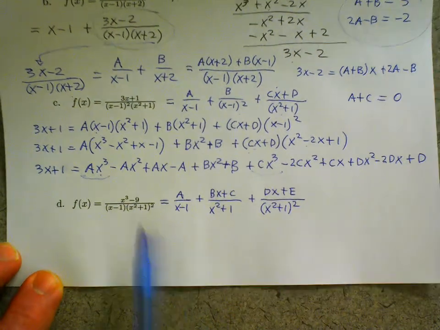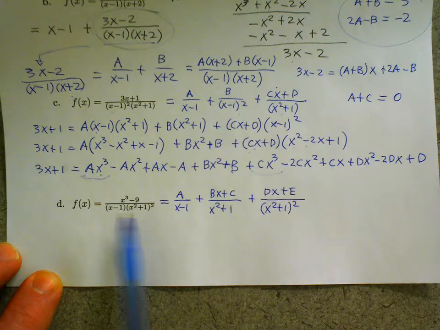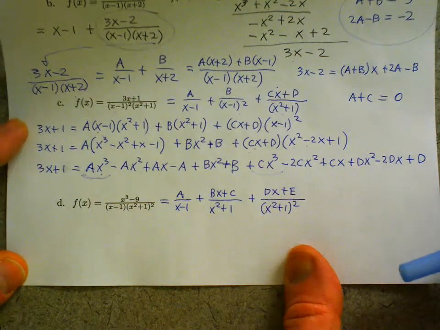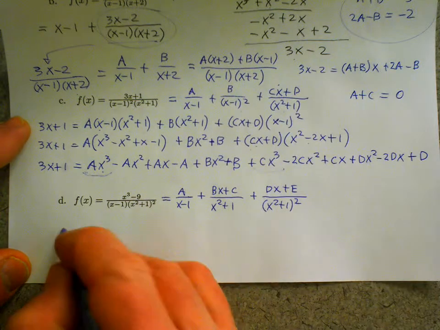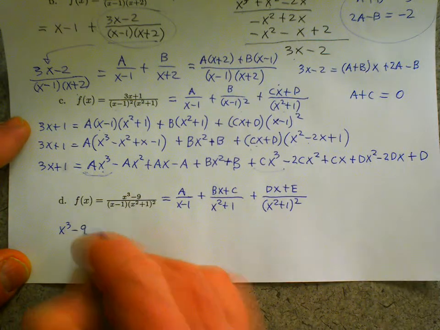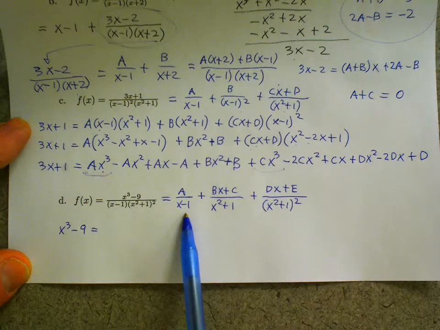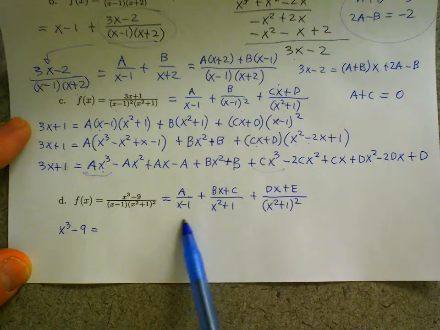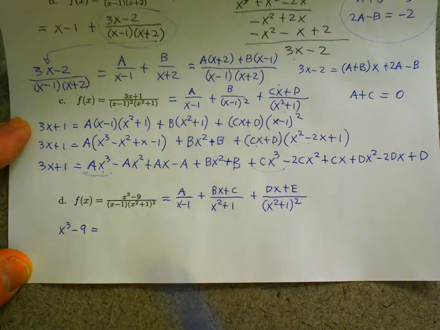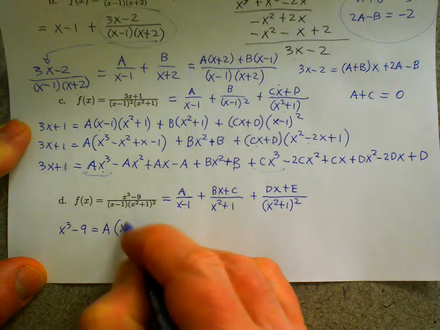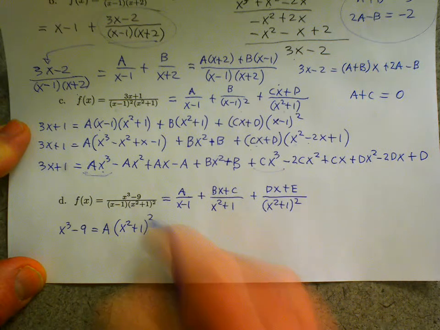Okay, when we clear the denominators, which is what you get when you multiply every term on both sides by the least common denominator, the left-hand side will become x to the third minus 9. And when we multiply a over x minus 1 by the least common denominator, we'll get a times the quantity x squared plus 1 squared.